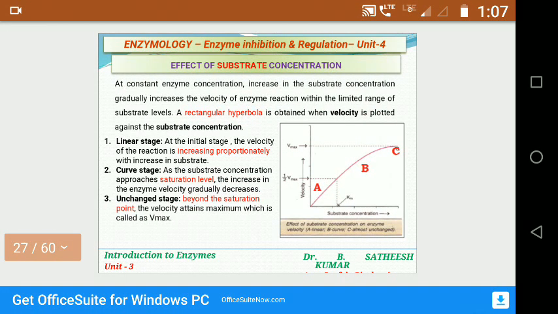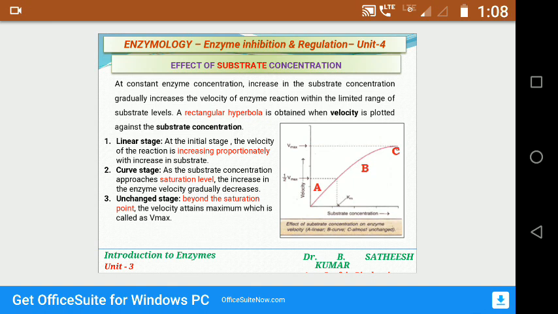When we talk about the substrate concentration, we will have three different stages when we draw a plot of substrate concentration against the velocity of the enzyme. We will get three different areas. First area is the linear stage.